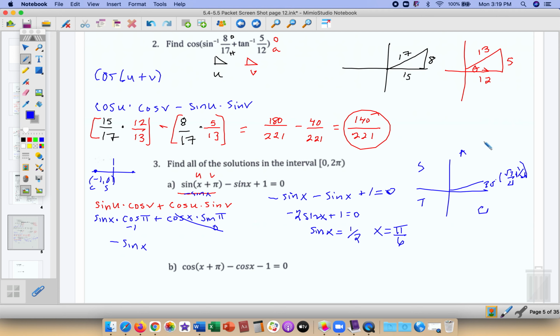So we're looking for a positive sine value, we know, in first quadrant and in second. So we said 30 degrees, and if we reflect that, if we know this is 60, and this is 60, 90 plus 60 is at 150, or 5 pi over 6. So we know that our answers, where we're going to have sine positive a half, quadrant 1 and 2, it's going to be at 30 degrees, and 150, or pi over 6, and 5 pi over 6.